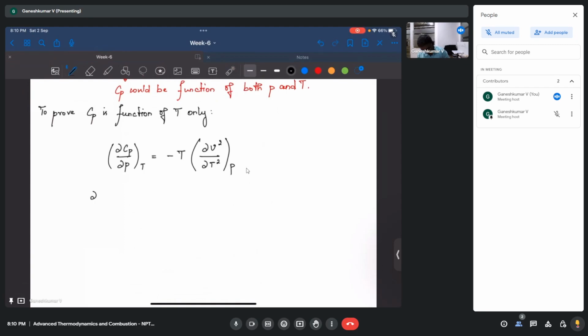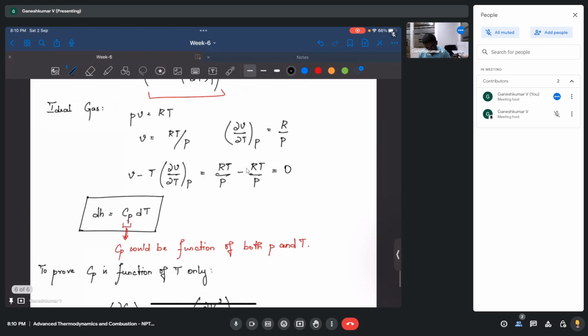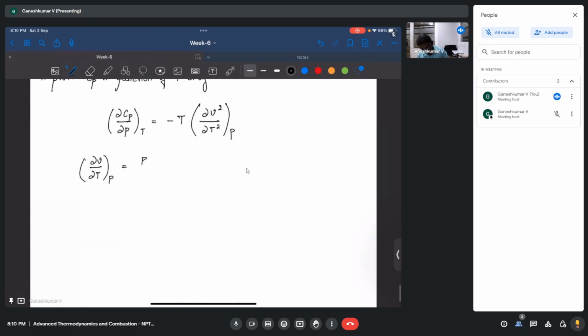For that we need dou V by dou T at constant P, which we just found out is nothing but R by P. Now this is a second derivative, so dou square V by dou T square is going to be the derivative of R by P. Since R by P is not a function of temperature, this is going to be 0.